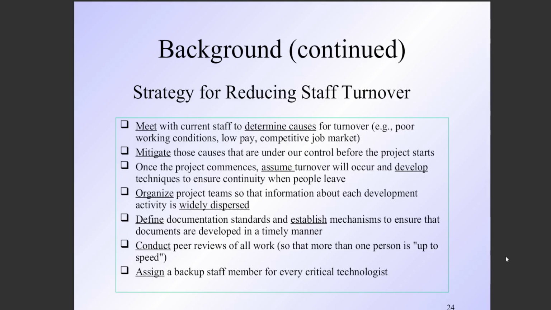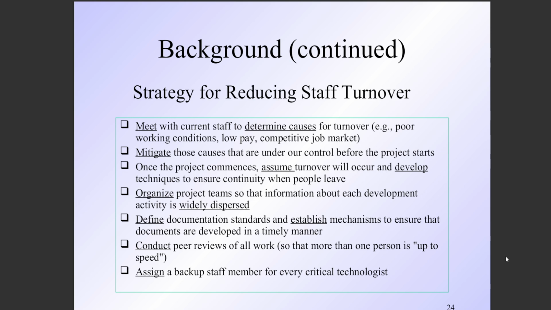So what you can do is create backups. If somebody is very crucial, he should have a proper backup. Once he leaves, the backup should take over his job, and the continuity of your work still goes on. And you assign different staff members for critical technologies. So these are the things you need to do if you want to reduce the risk of turnover in your organization.